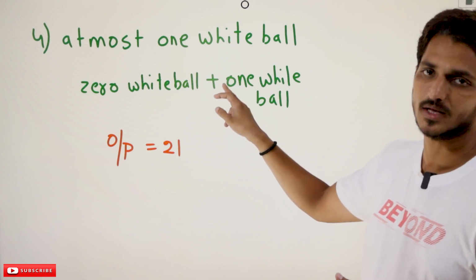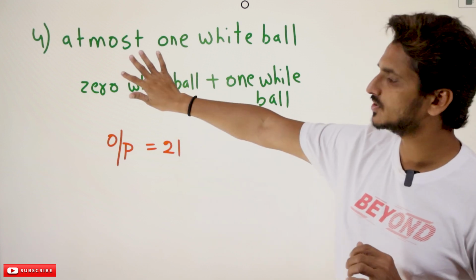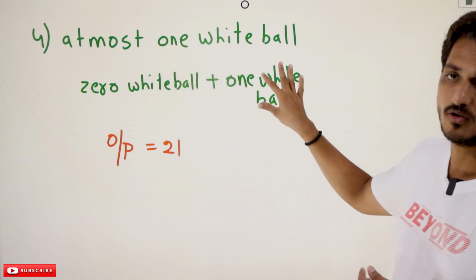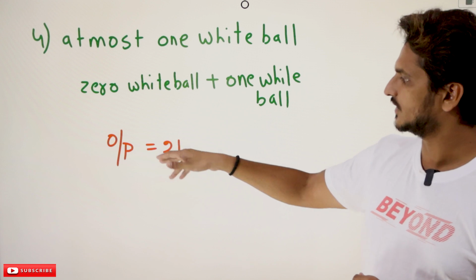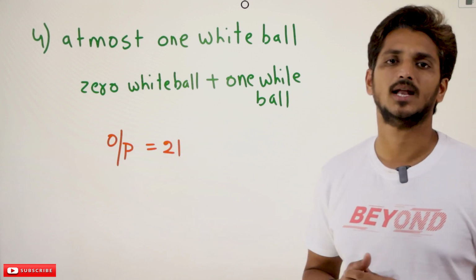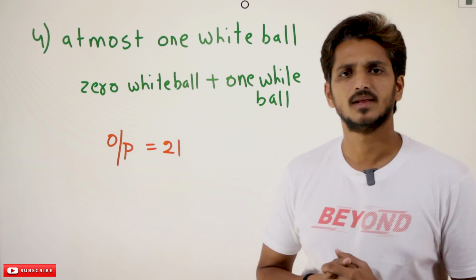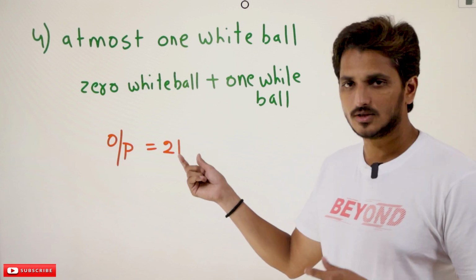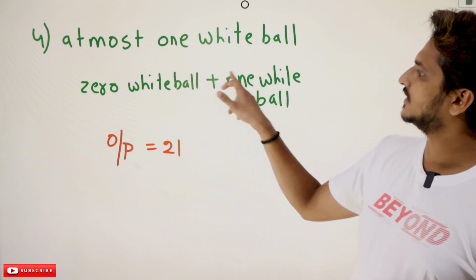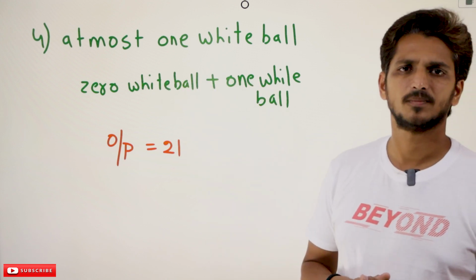So we are going with plus. You try to do it. What is the value for 0 white balls and what's the value for 1 white ball? So the total output is 21 selections. This is the answer. You try to do it. How did you get these 21 selections? You apply this formula in these two situations.